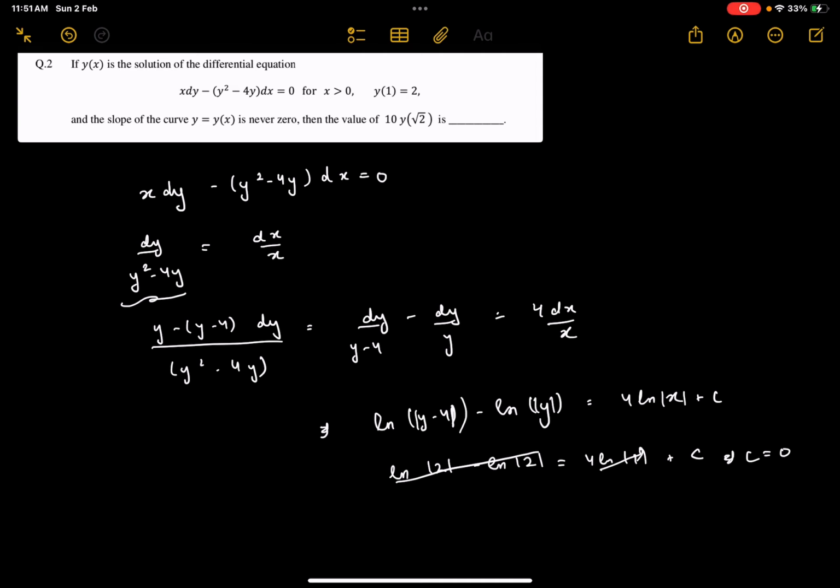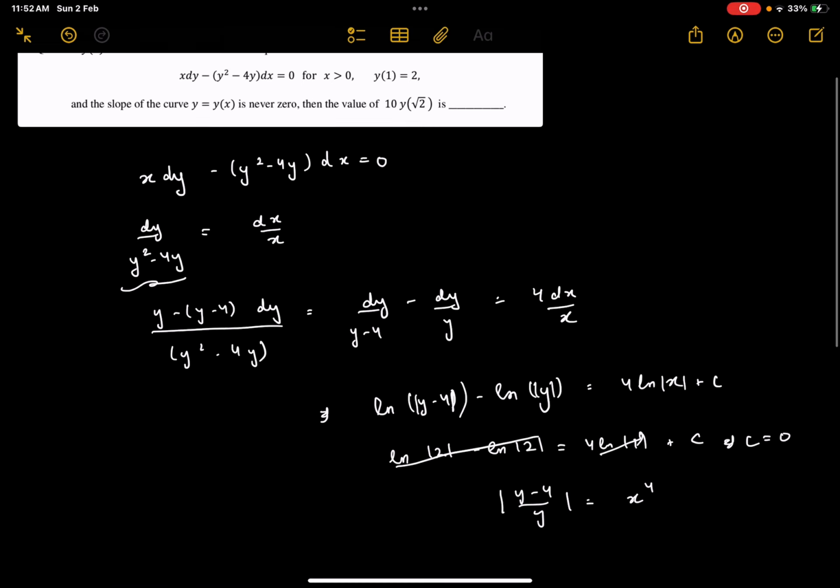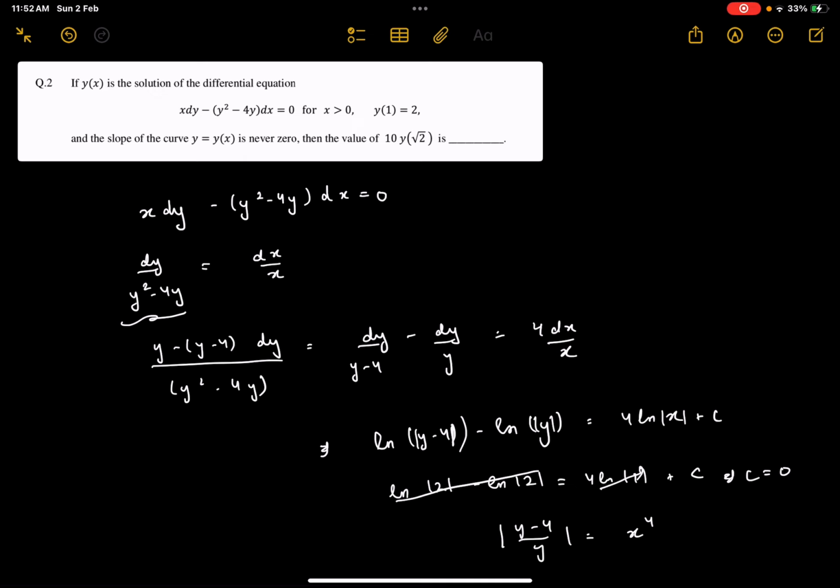So our curve becomes |y minus 4| by |y| equals |x| to the power of 4, which simply becomes x to the power of 4. The slope of the curve is never 0.